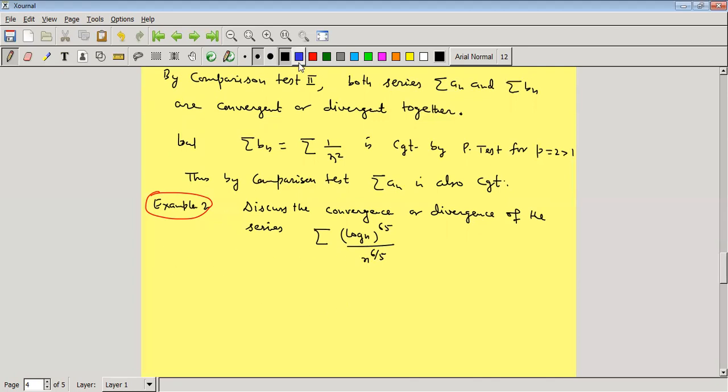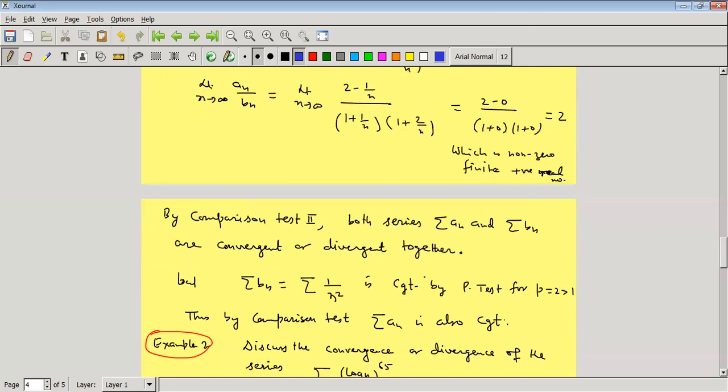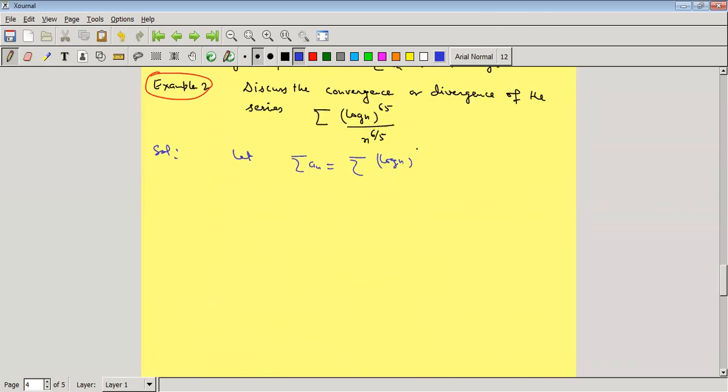So if we take this series, let summation An be equal to summation (log n) to the power 6/5 divided by n to the power 6/5.